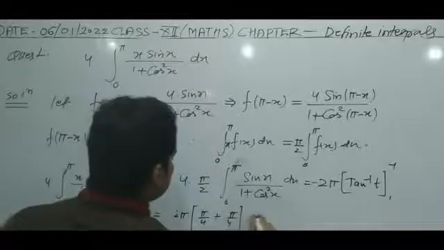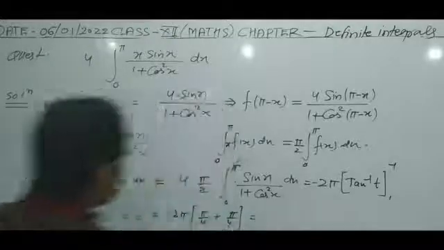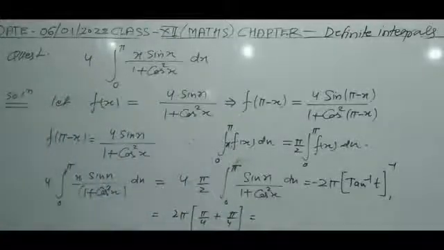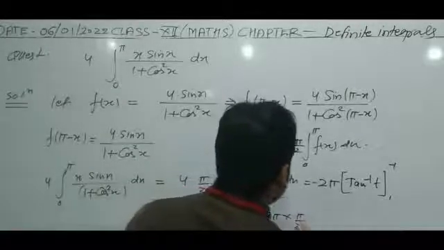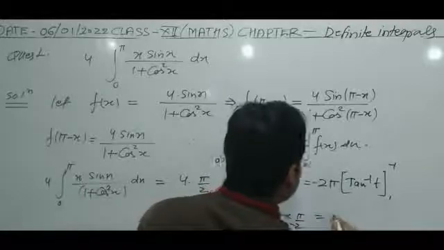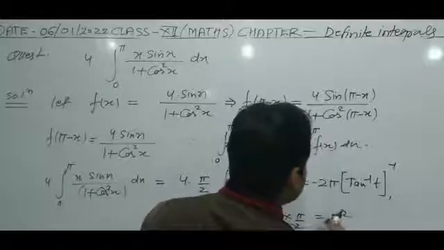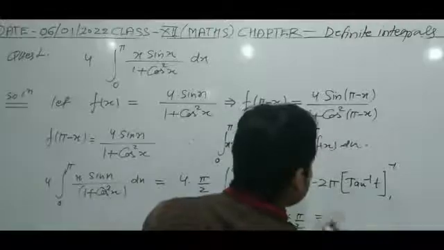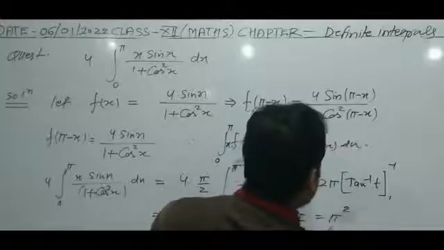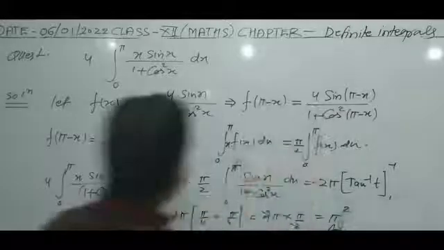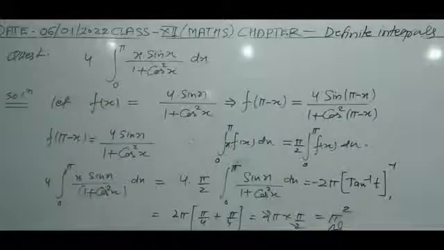So this will be plus pi by 4 and this result will be pi by 2. Pi by 2 multiplied by 2 pi, so the result you will get is pi square. Now pi square is the answer.